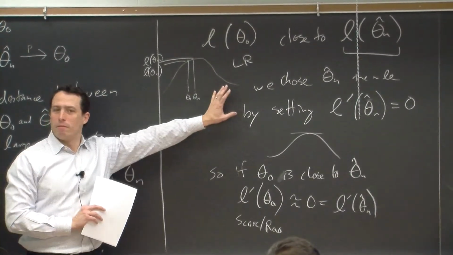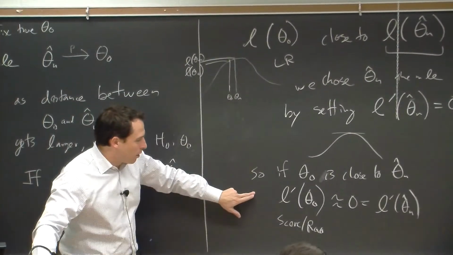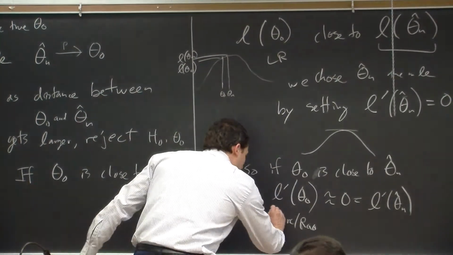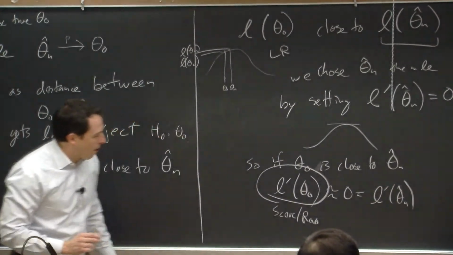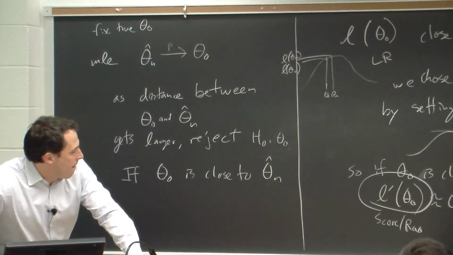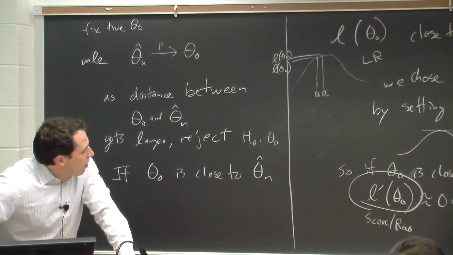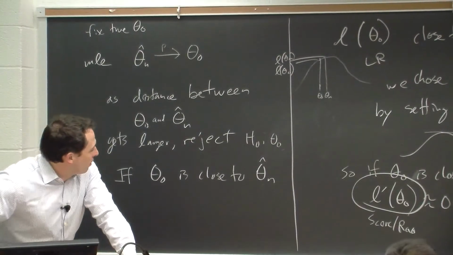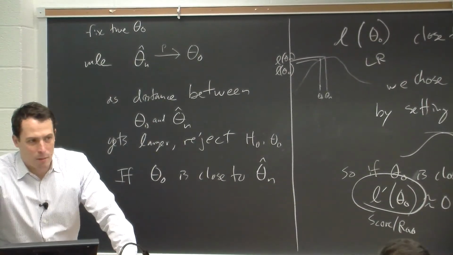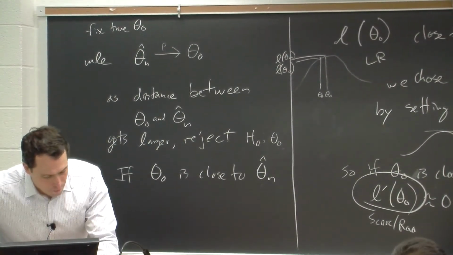It just doesn't care. The other nice feature about this one is, if you'll notice, what we're doing is measuring this value here, L prime of theta naught. As opposed to all the others, what is that one missing? There's a quantity that doesn't appear in that.